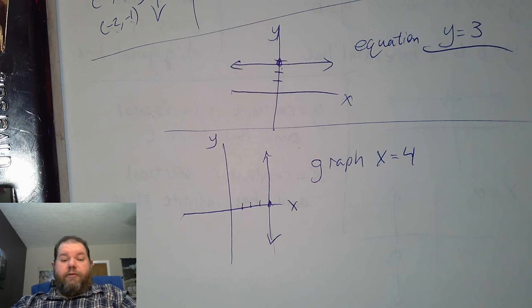It's worth mentioning that we started in section 2.1, but we're currently in 2.2, where we've been talking about slopes and the vertical and horizontal lines and things like that.